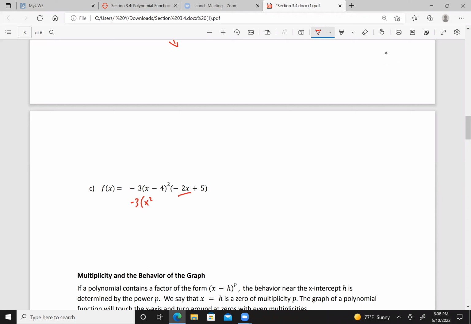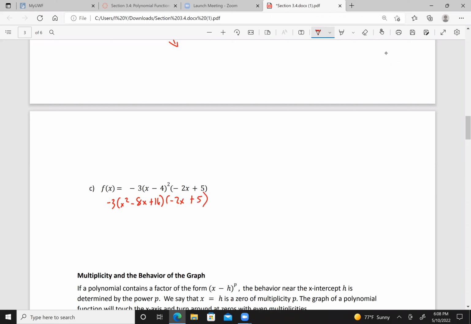So it's going to give us negative 2x cubed. Or let's just multiply it out. So this becomes negative 3 times x squared minus 8x plus 16 times negative 2x plus 5.